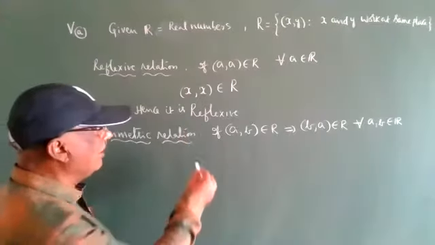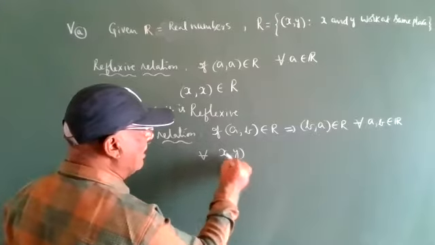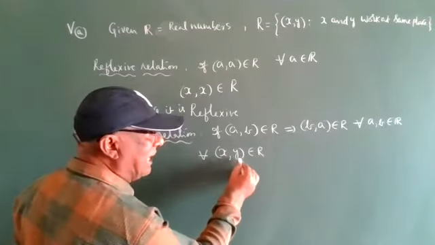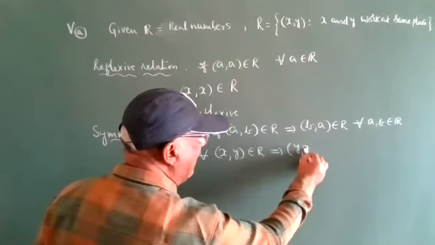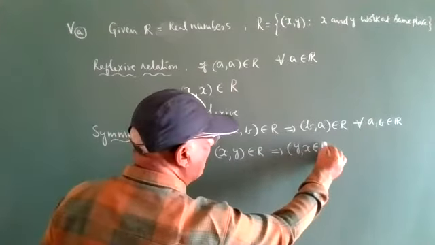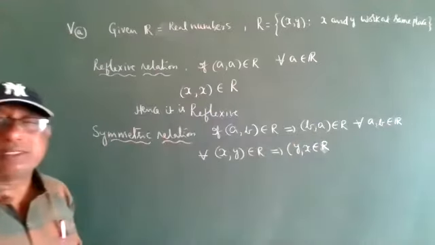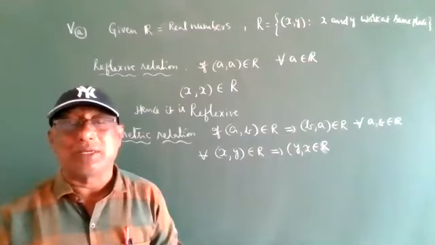Now write down: for all (x, y) belonging to R, x and y sit in the same place, and y and x also sit in the same place. I am telling it in reverse order, like active voice and passive voice.